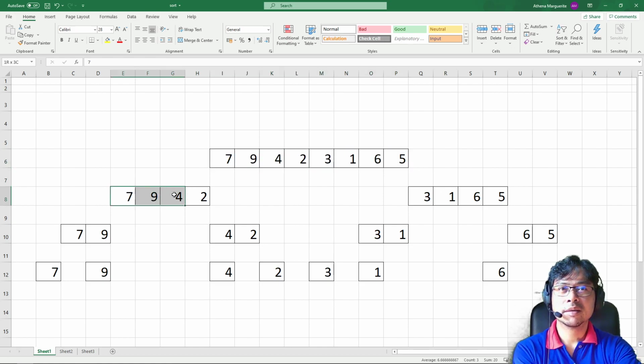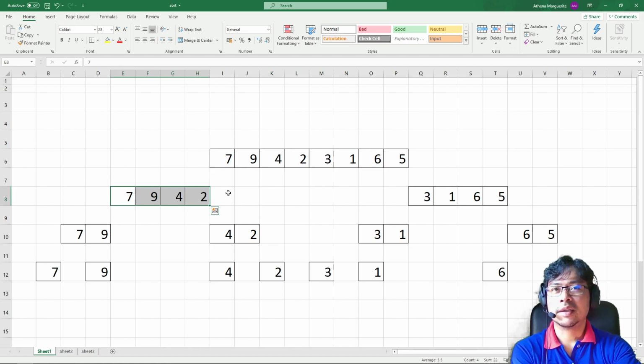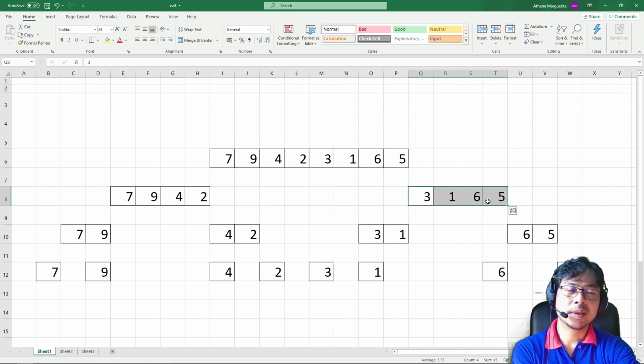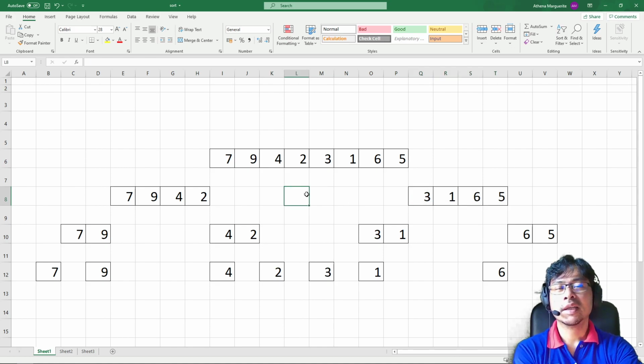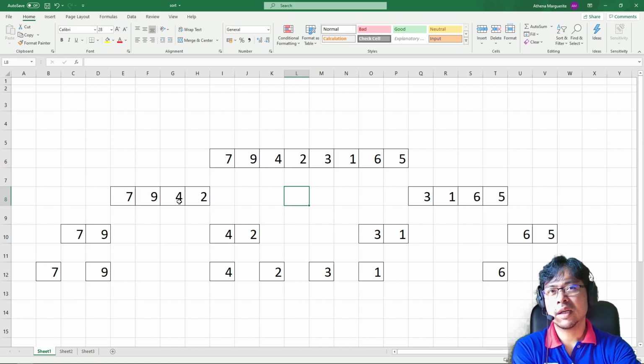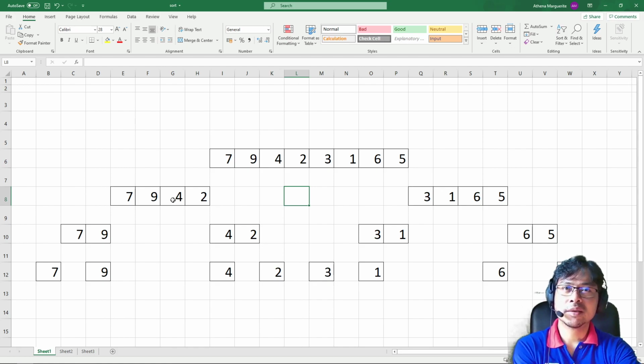Okay? So mapupunta dito sa left yung 7942, and then 3165 to the right. So what's the next thing? It says after you split, you sort. Kaya lang you cannot sort this immediately as it is, because hindi pa natin naaabot yung pinaka-base case, which is yung pinaka-lowest number of element.